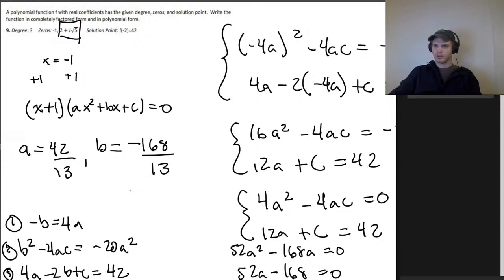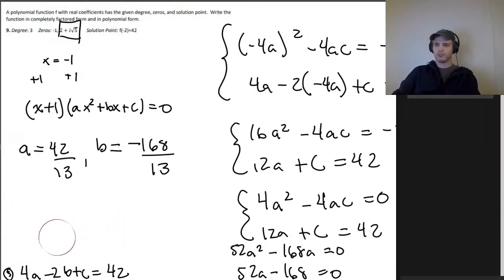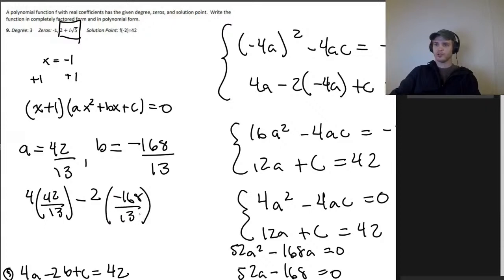And then we can use one of these other equations. Let's use equation 3. So we've got 42 over 13 minus 2 times negative 168 over 13, plus c equals 42. And so we can just solve for c here.